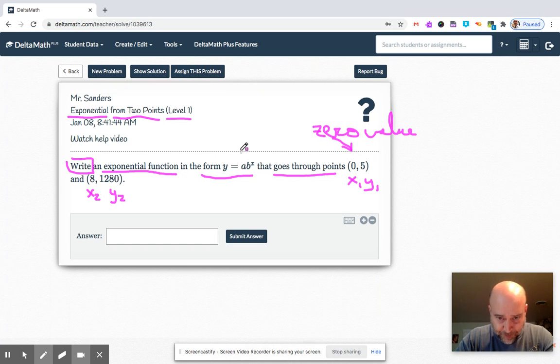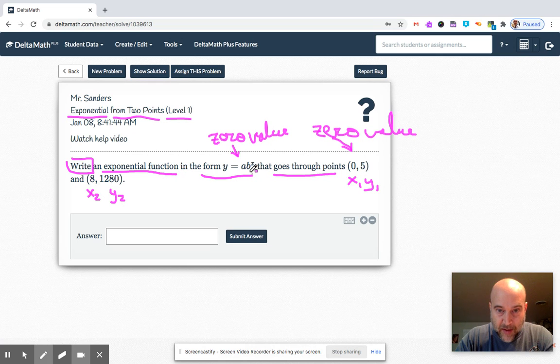All right, remember what's what. So we got our y value, we got our x value. Remember, x is input, y is output. And then the a is our zero value also.